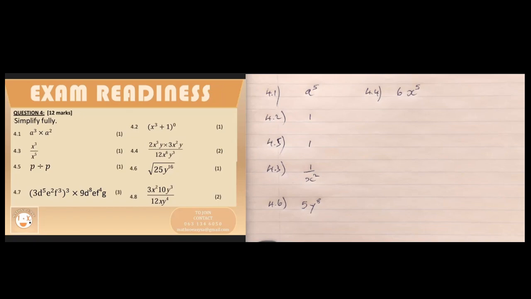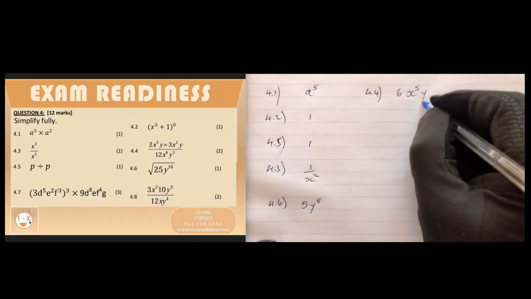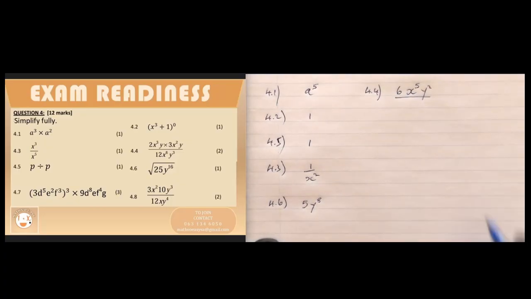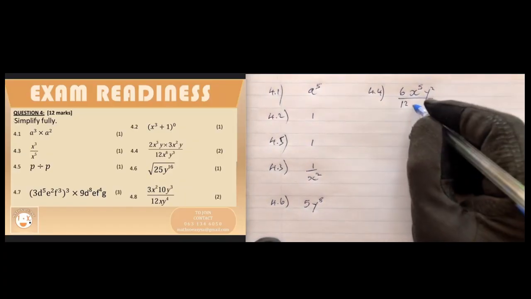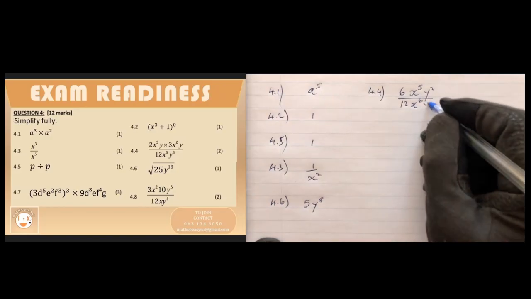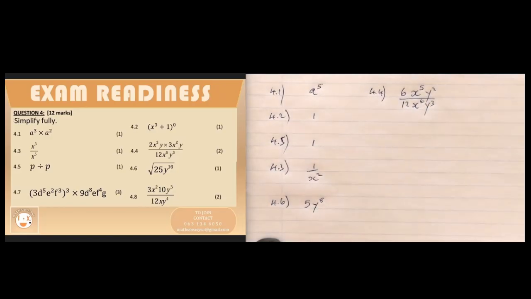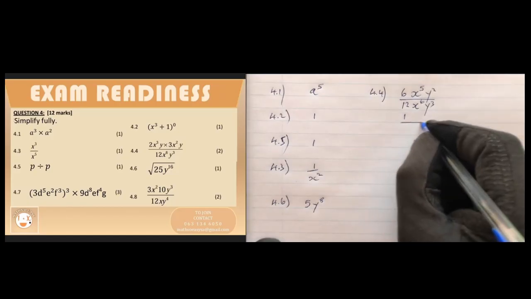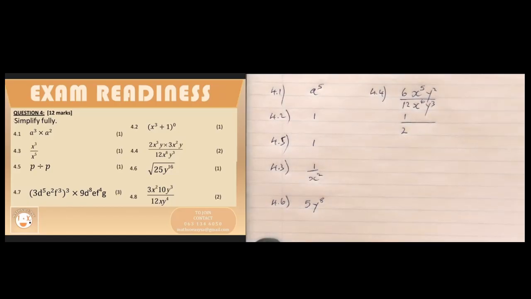Then you look at the other variable, the y's will give me a y to the power of 2. The other one doesn't change because there's no multiplication of the variables. Examiner, I think I have one mark from that. Then you say, these numbers will give me a half, so I just do that.